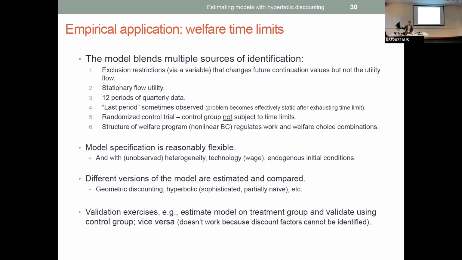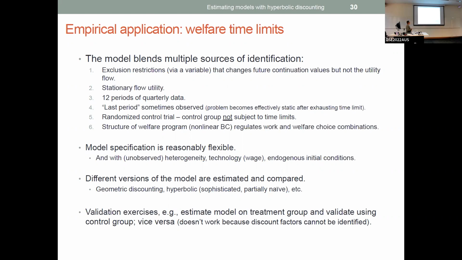There are many periods of data. The last period is sometimes observed. I briefly mentioned that the cases for identification will be different when the terminal period is observed versus when it's not. But here you can assume it to be sometimes observed because of the welfare time limit. If people exhaust the time limit, the problem becomes effectively static. So there's no dynamics anymore.